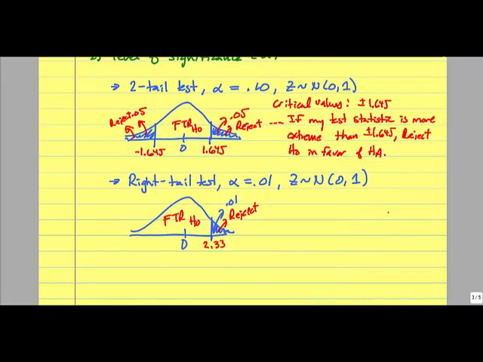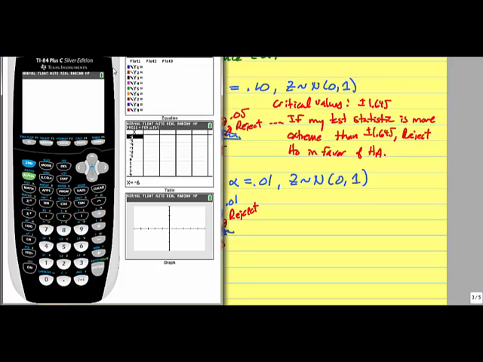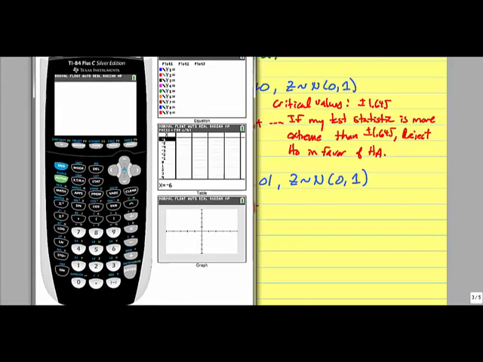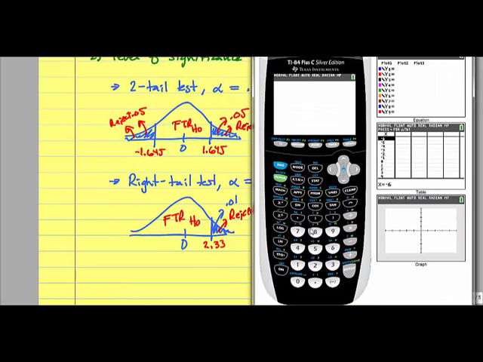You can also use the inverse normal function on your calculators to find these. Let's make sure we have our picture here. I would do second DISTR, inverse normal. The area to the left would be 0.99, like we talked about. If 1% is in this shaded region, 0.99 is in the non-shaded region.